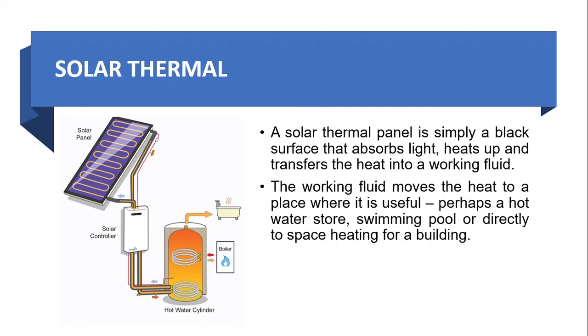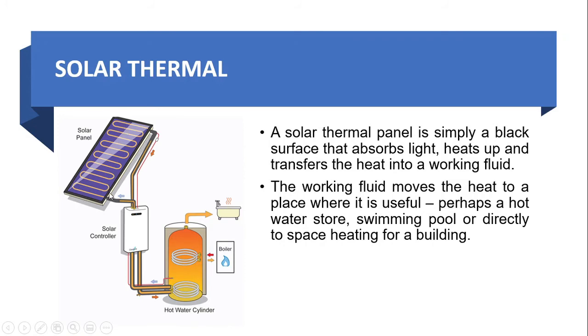The first technique that we are going to use with solar energy is solar thermal. This is basically a solar thermal panel like this. It has a number of coils attached to it. It is usually a black surface. This black surface is going to absorb the light, and it will heat up and transfer the heat into a working fluid, which will be filled in these coils.